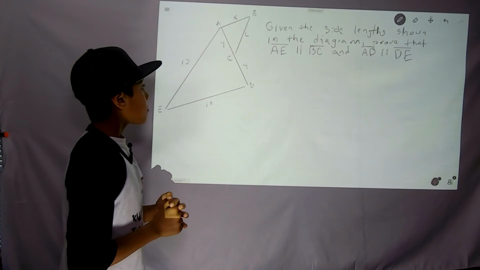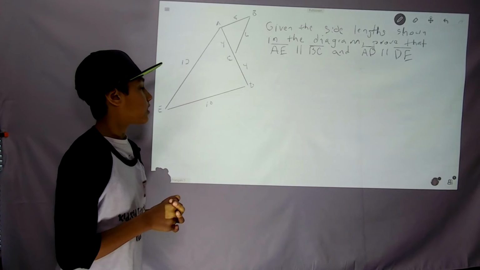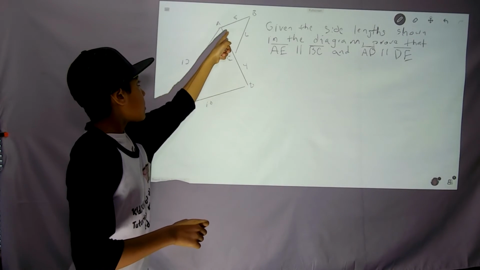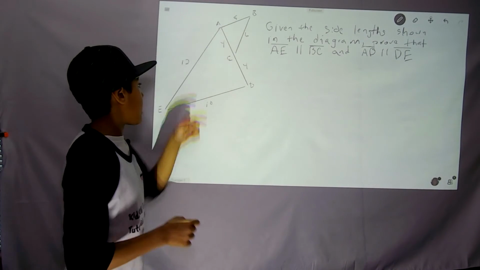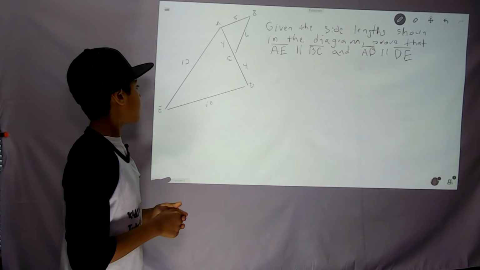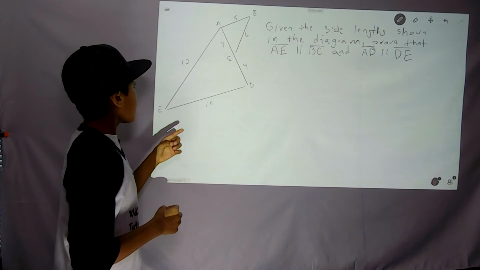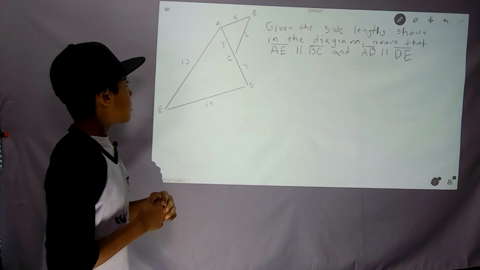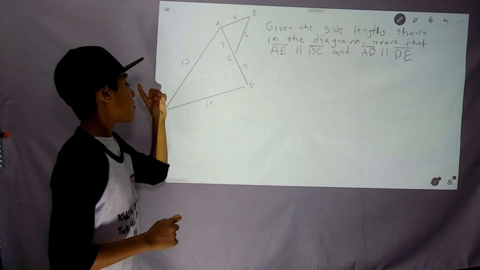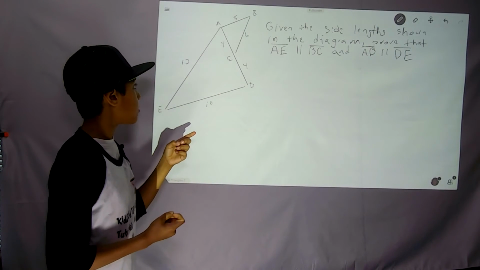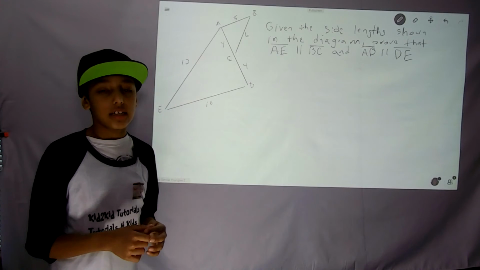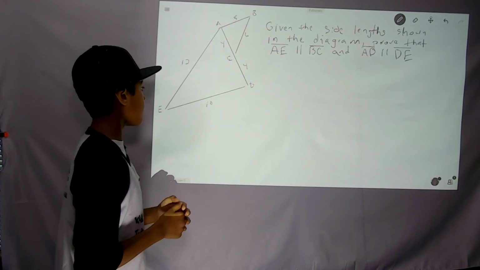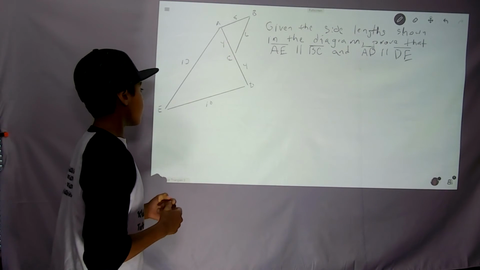We can prove that line AE is parallel to line BC, given that angle BAC, this angle right here, is equal to angle EDA, which is this angle right here. Remember, triangle ABC is similar to triangle AED by SSS similarity. So we can say that angle BAC is equal to angle EDA.